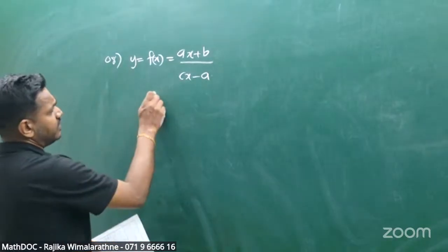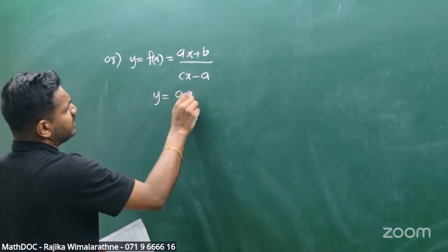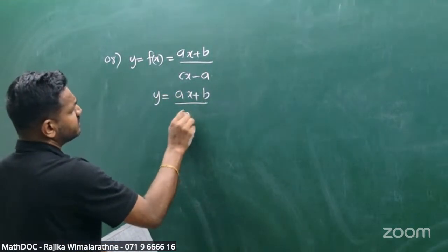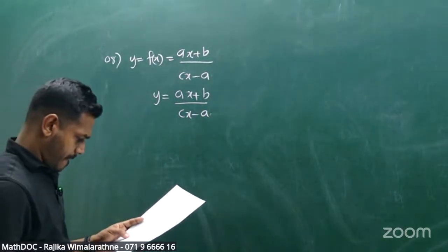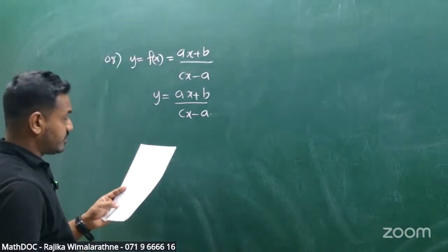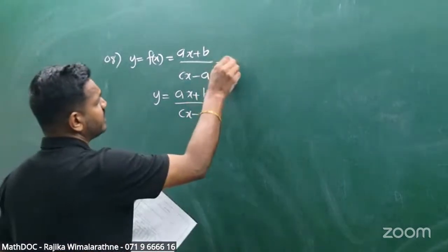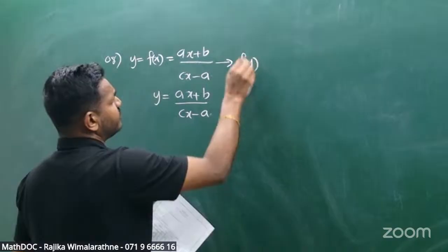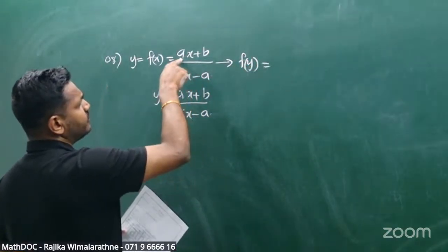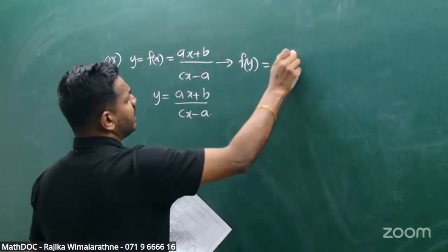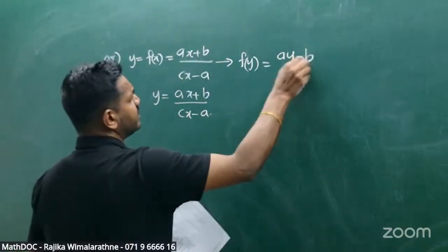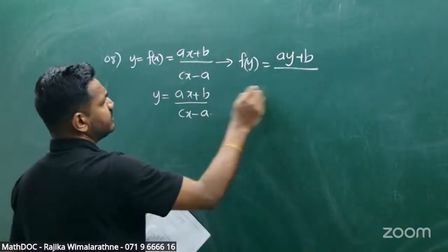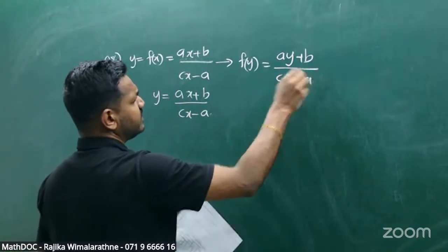Here y equals (ax + b) over (cx - a), no? Then f(y) means (ay + b) over (cy - a), no?